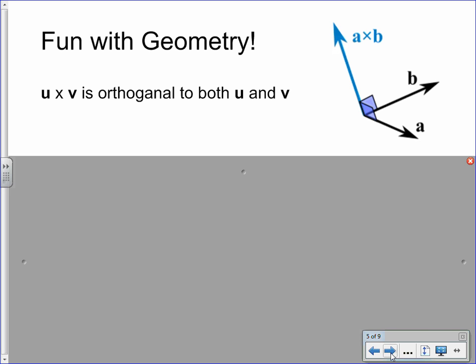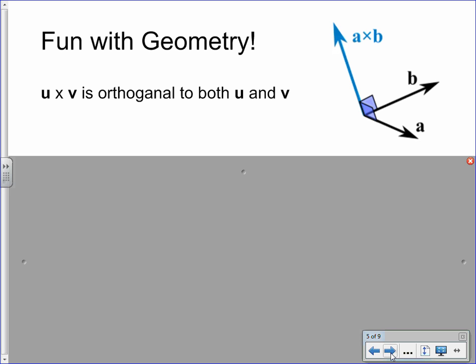Okay, we're going to work with some geometry concepts. Really, vectors are a part of the geometry world, but we're going to work with some angles and then some shapes. First of all, when we find U cross V, or V cross U, either way, that cross product is going to be orthogonal to both U and V. I know my picture here has A's and B's, I hope you can still understand the picture.